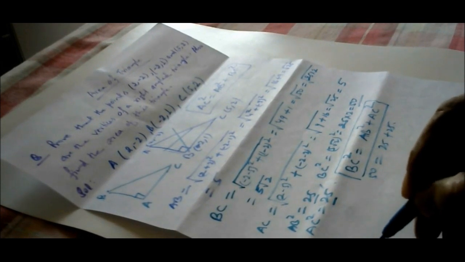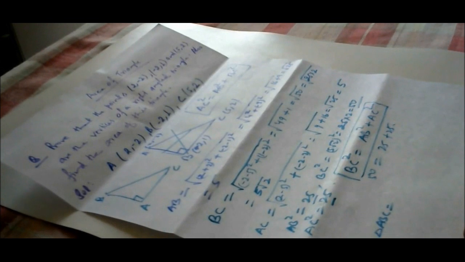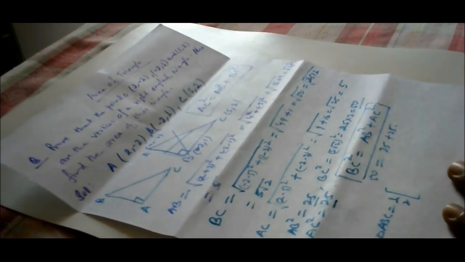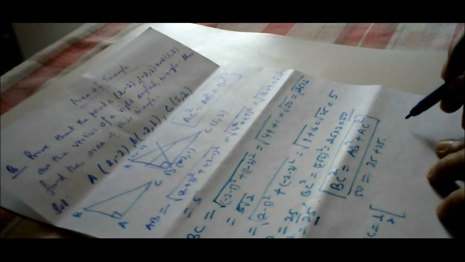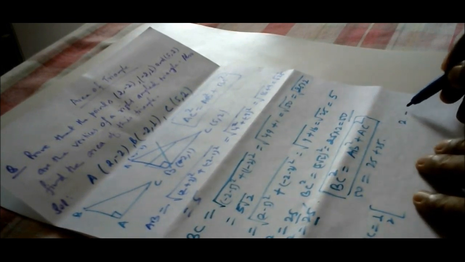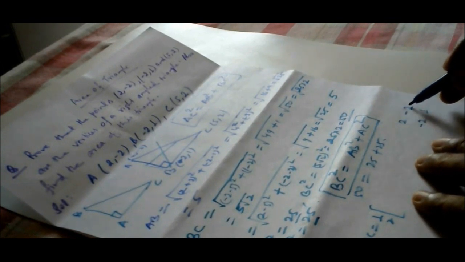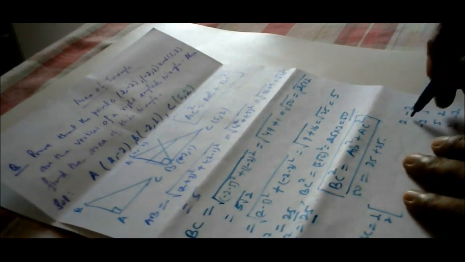So area of triangle ABC is equal to, by utilizing that formula we have already done. Now we will utilize that shortcut method, in which I told you that we will write x1 y1 first, 2 minus 2, then minus 2 and 1, x2 y2, then x3 y3, then again x1 y1, and we will go for this sequence.